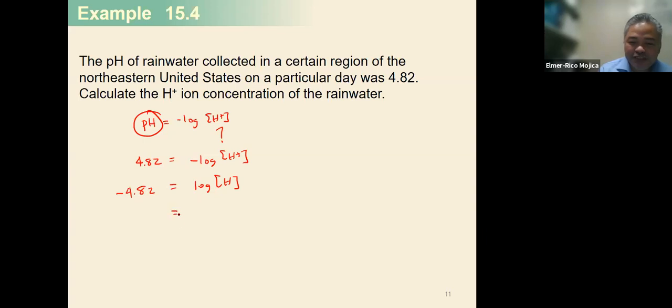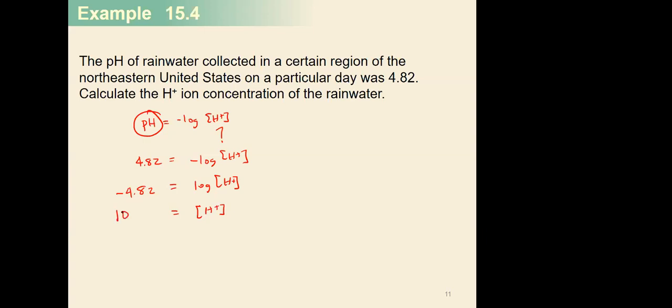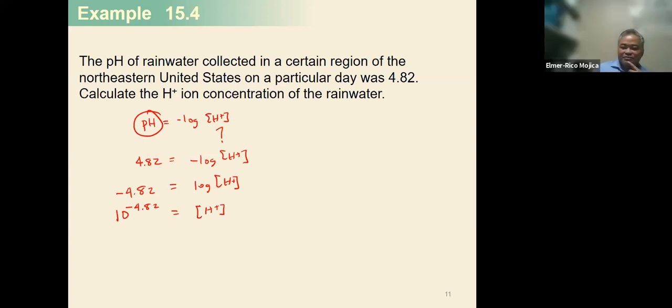So how do you eliminate the log so that you only have H plus? Anyone? You raise it to the power of 10? Very good. 10 raised to the given pH. H plus is just equal to 10 raised to the negative pH.